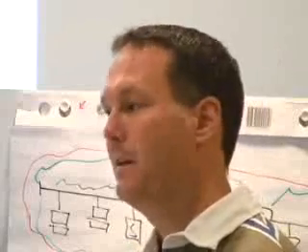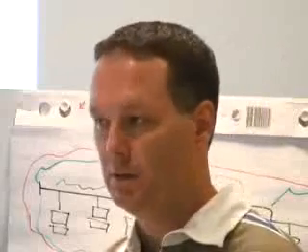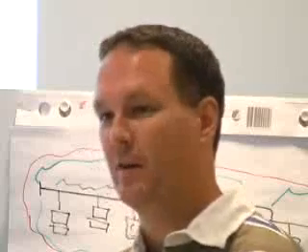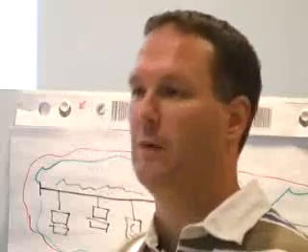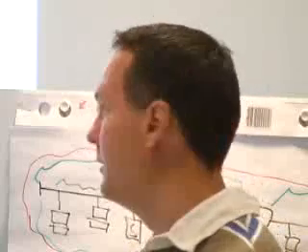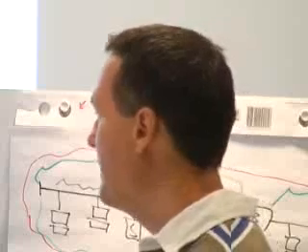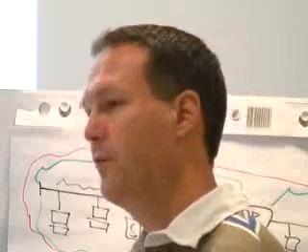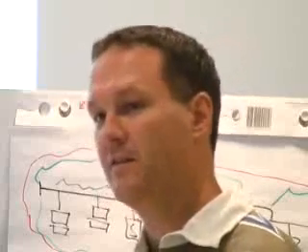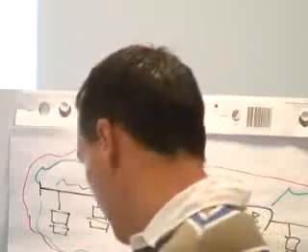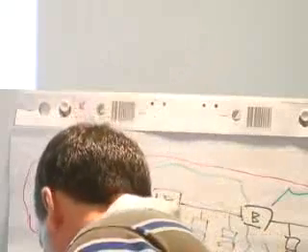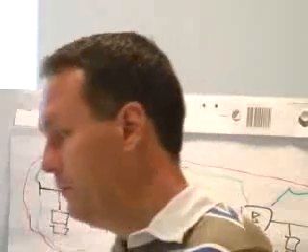Now baseband is one signal. The whole signal takes the whole cable. I'm just sending one signal on there. And the final part, in this case the T, stands for the media. In this case it's twisted pair, so UTP cable.